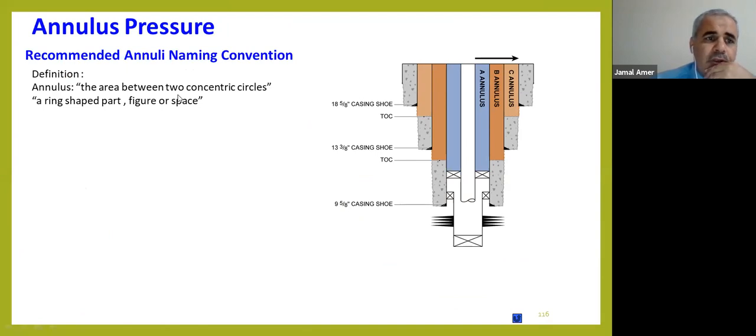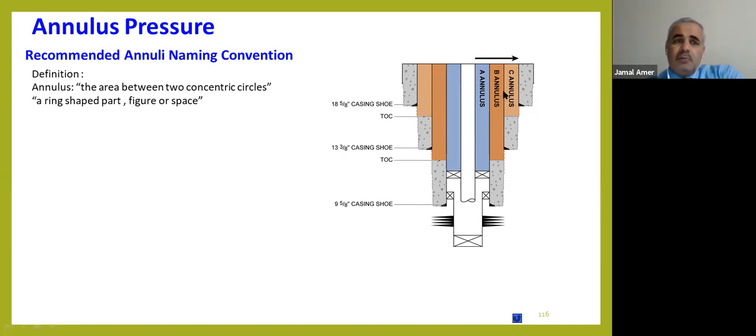Annulus pressure is very important to monitor in the wellhead. Most wells have three annuli. We call them annulus A, annulus B, and annulus C. Annulus A is between the production tubing and the production casing, while annulus B is between casing strings. Annulus C is between the surface casing and intermediate casing.